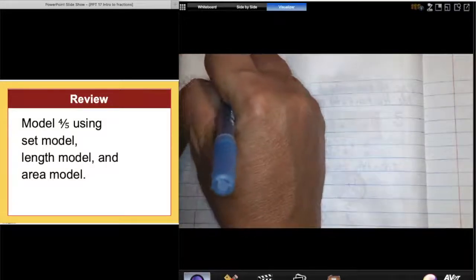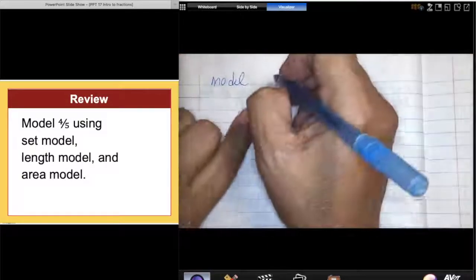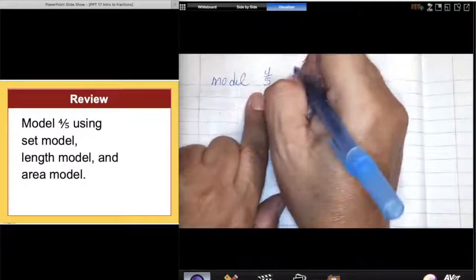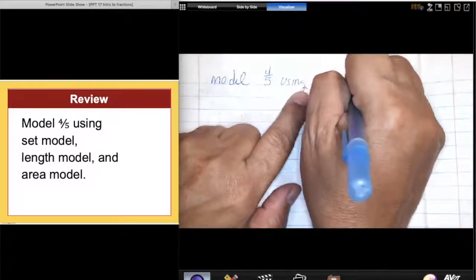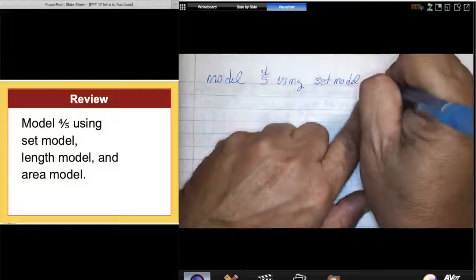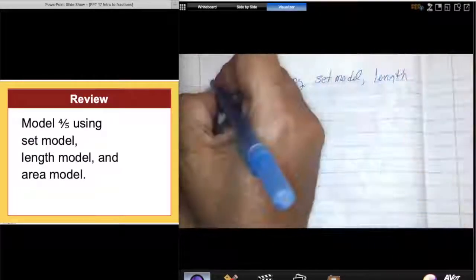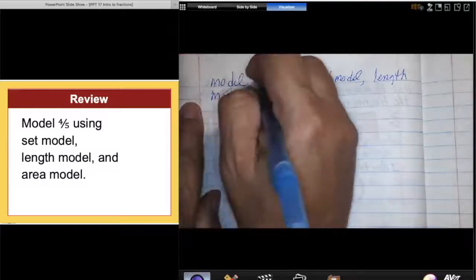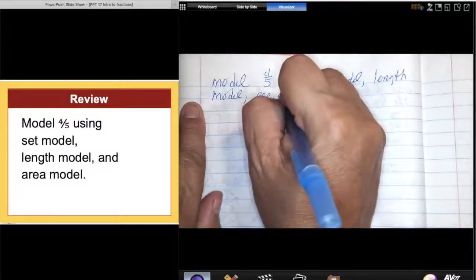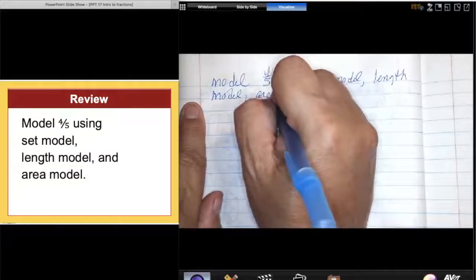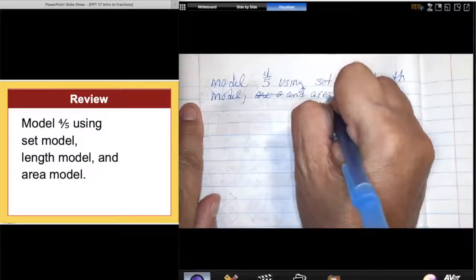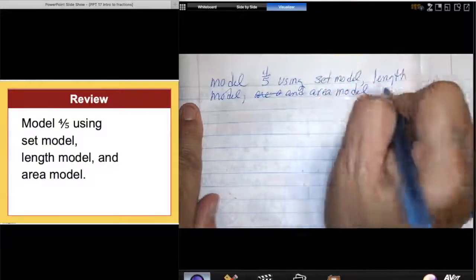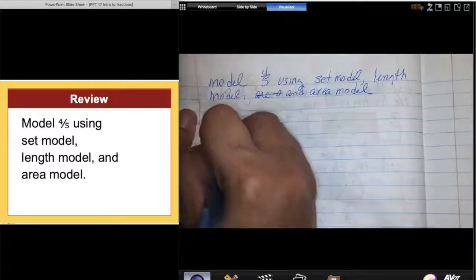And let's do 4/5, or draw a model of 4/5 using the set model, the length model, and the area model. Okay, 4/5.